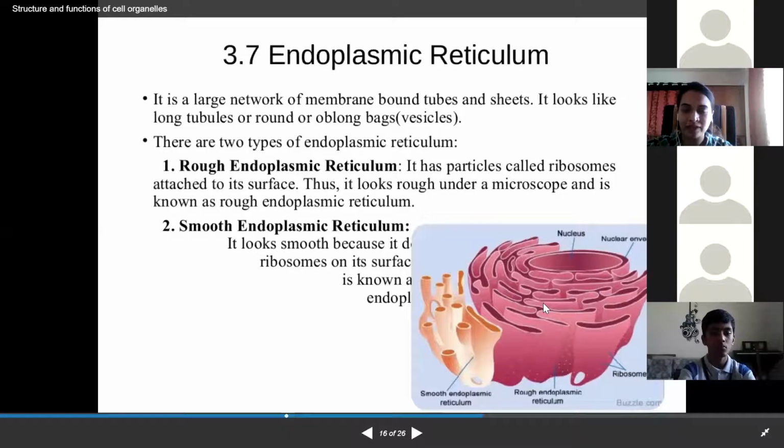So when the ribosomes are present on the surface of the endoplasmic reticulum, then it is called rough endoplasmic reticulum, or RER in short form. And this can be seen under a microscope. When the endoplasmic reticulum does not have any ribosome attached on its surface, then it is called smooth endoplasmic reticulum and denoted as SER.